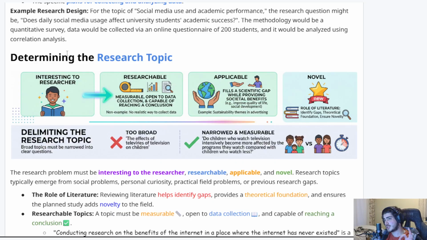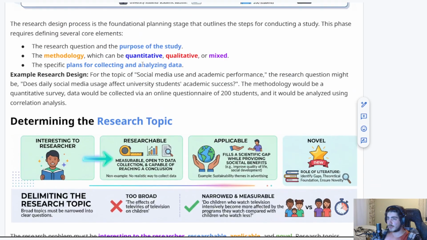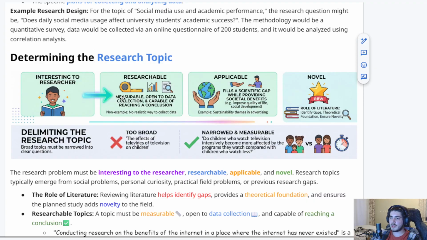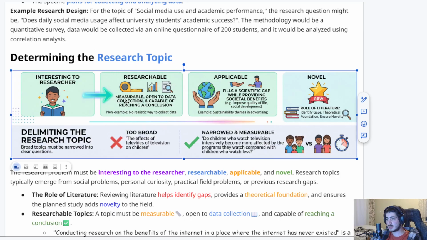First is you determine the research topic. Now, if you make the topic too broad, then it will be impossible to effectively measure. Therefore, you make it narrowed and measurable. You also want to make it easy to research, so there needs to be data available for you to actually use.